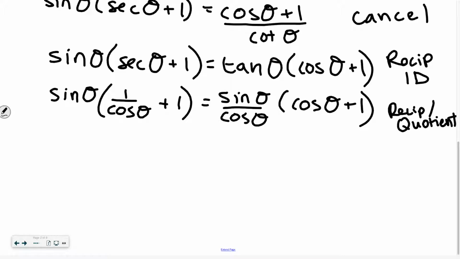But I had a reason to do that, right? Get everything in sines and cosines. What else can I do?